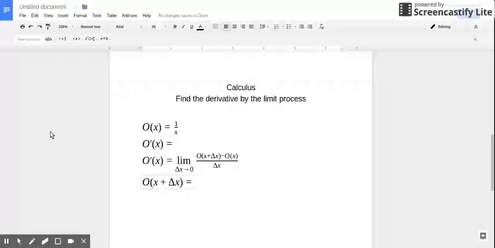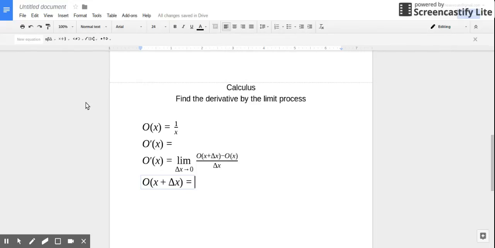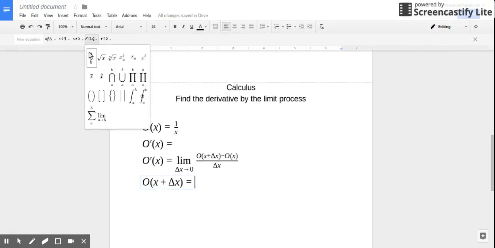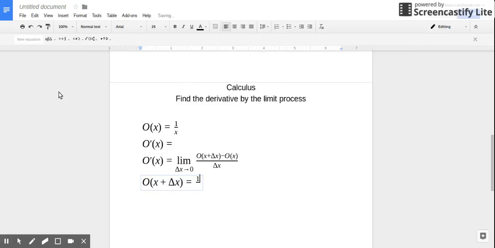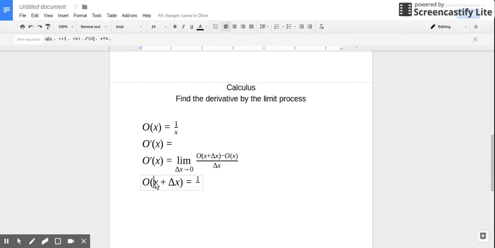I'm hoping that what I've done here has fixed that problem, because that was kind of getting on my nerves. All right, so we're going to take this x plus delta x and put it in the numerator here. Let me try to copy paste. Okay, so there it is. We put the x plus delta x down there in the denominator.